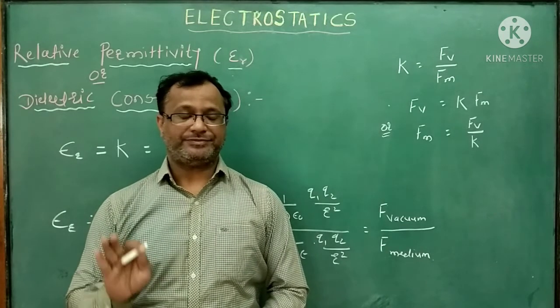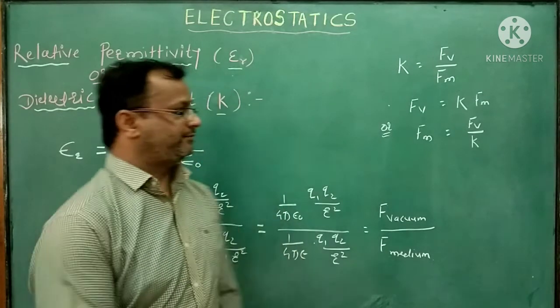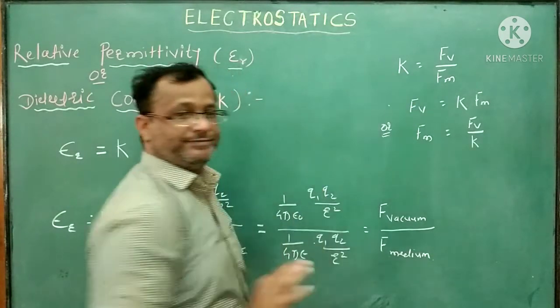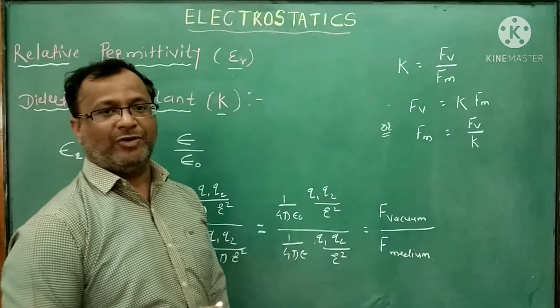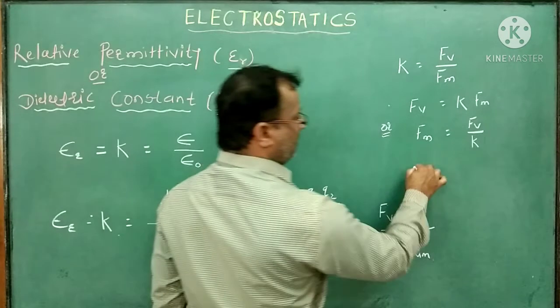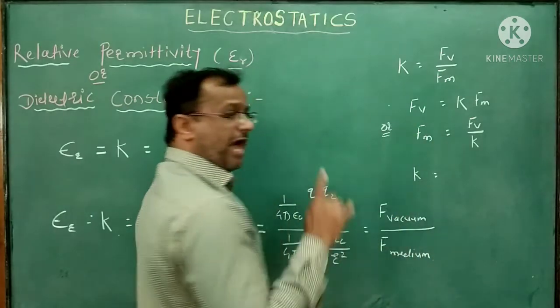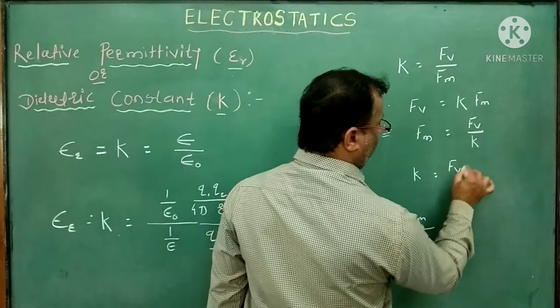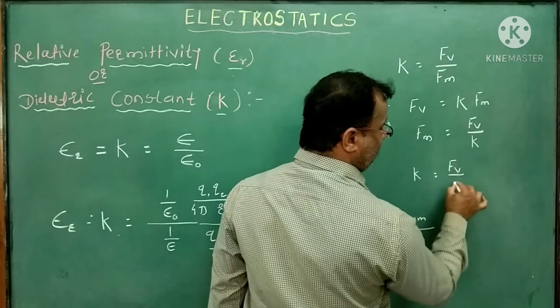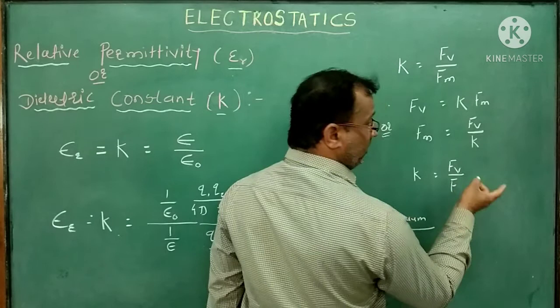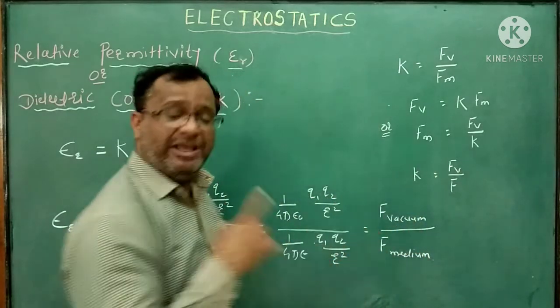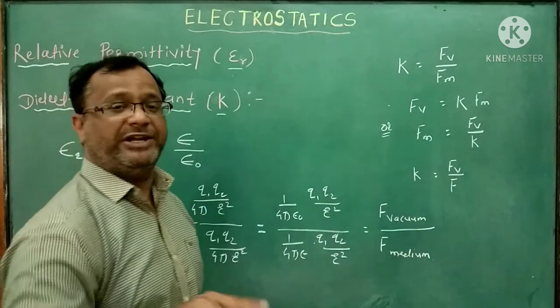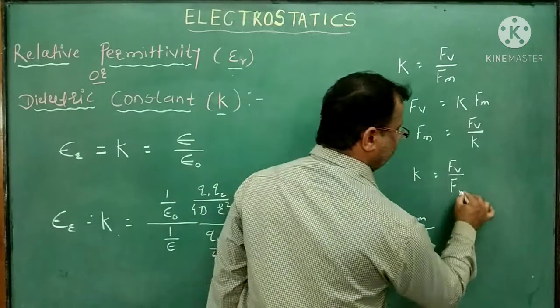So here K is the dielectric constant. This dielectric constant is simply the ratio of the electrostatic force between two electrical charges in vacuum to the electrostatic force between the same charges in another medium.